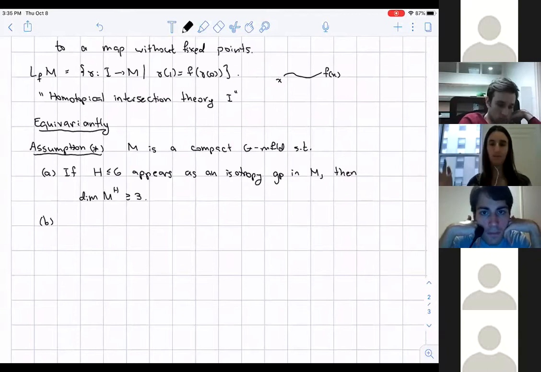Because in particular, if you can remove fixed points from M equivariantly, then you can remove the fixed points from all of those fixed submanifolds. So they all better have dimension greater than or equal to 3 for the same kind of theorem to work.